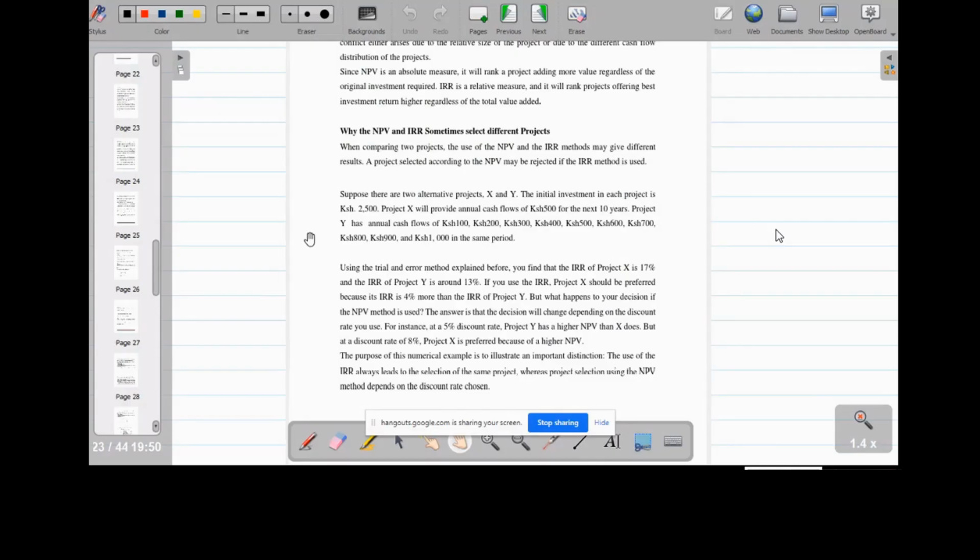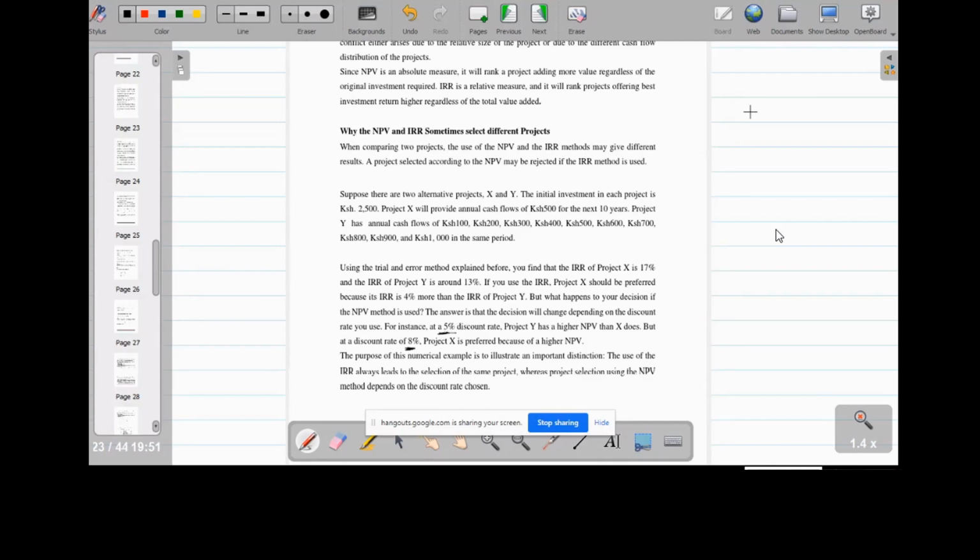5% and 8%. But I think the rate should be constant. When you see what you are saying, these two rates which are being applied, one is 5% for NPV and also 8% for NPV. In these two cases, you are using the same rate for project X and Y at 5%.